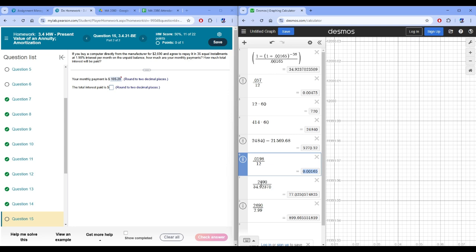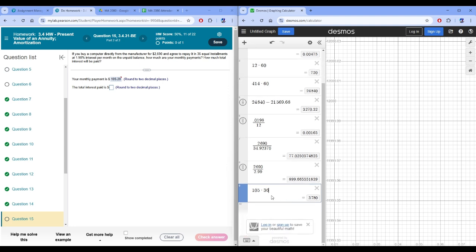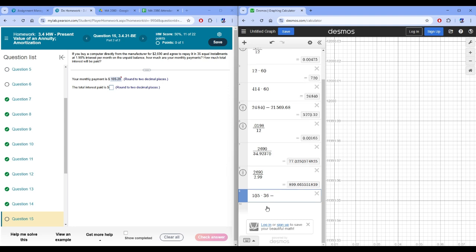You take the 2,690 divided by that. It gave me $77. I was off by that. I don't understand though. If you do $105 times 36, you're paying $2,700. So then you're telling me that it's minus 2690.